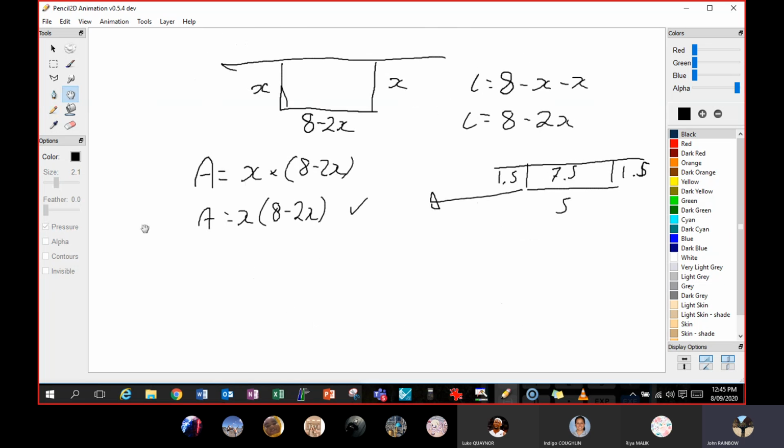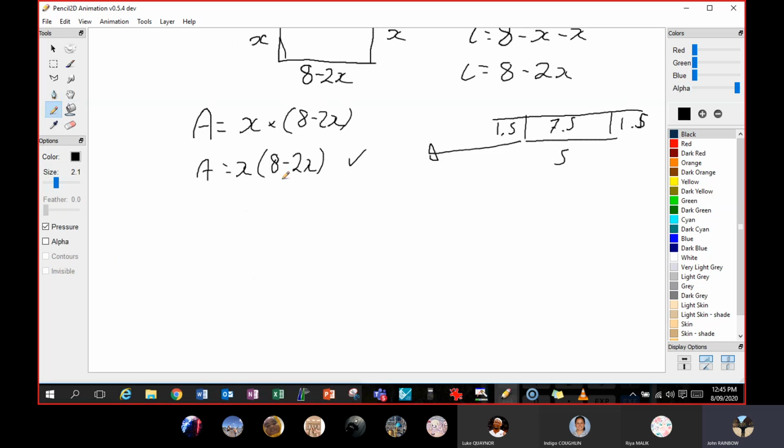So all we do now for part D, and I haven't done my annotation at all, I should be doing D, is sub in x equals 1.5. So area equals 1.5 multiplied by 8 minus 2 times 1.5.